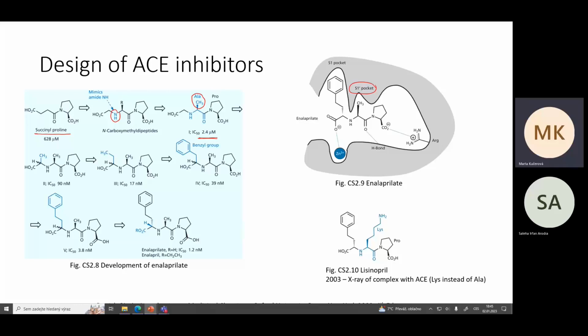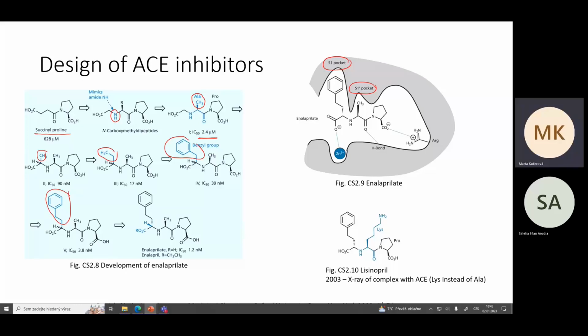However, the scientists performed further structural optimization, and they enlarged another substituent bound to the carbon next to the amino group, and added a phenylethyl substituent that was suitable for filling the S1 pocket that is much bigger than the S1' pocket.